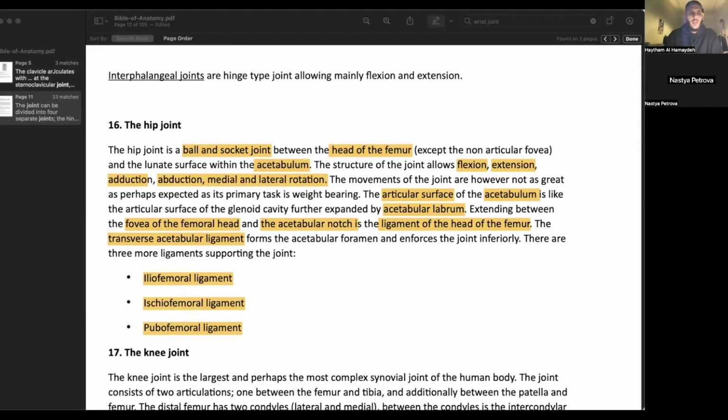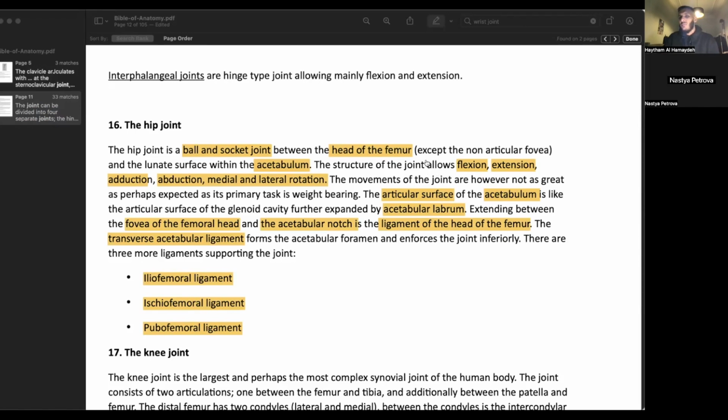So, hip joint. As I said, the bones involved in the hip joint are the femur and the acetabulum, or you can say the pelvic girdle.